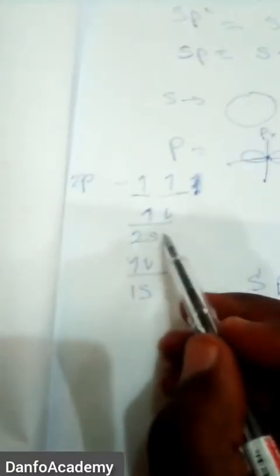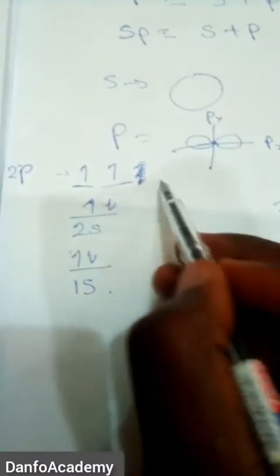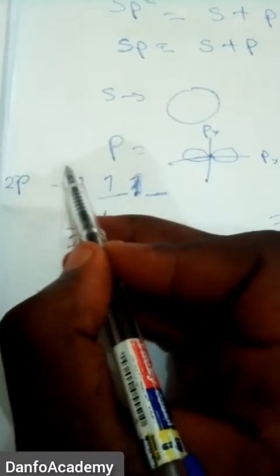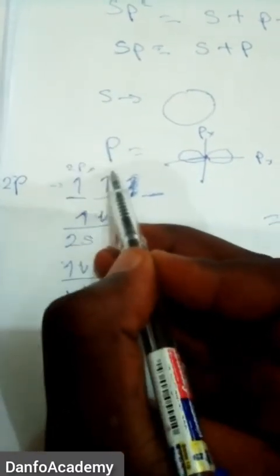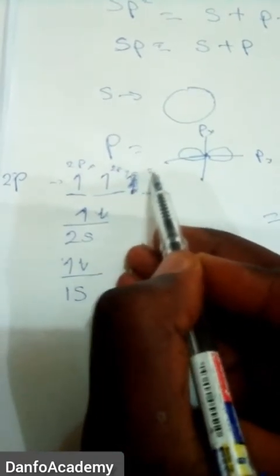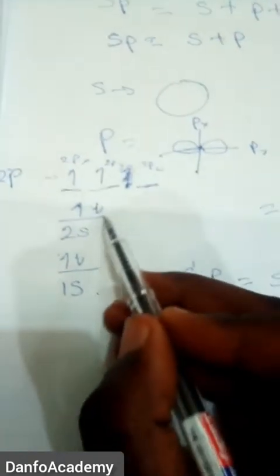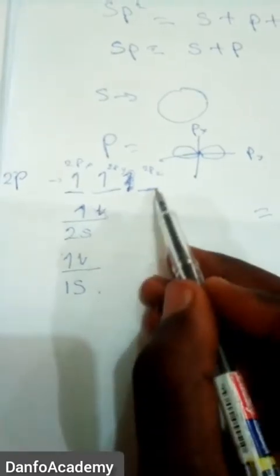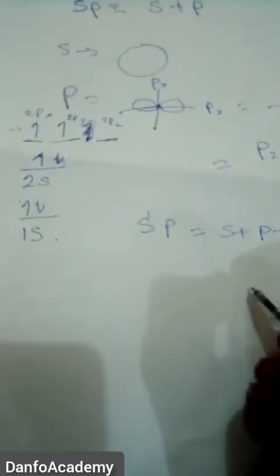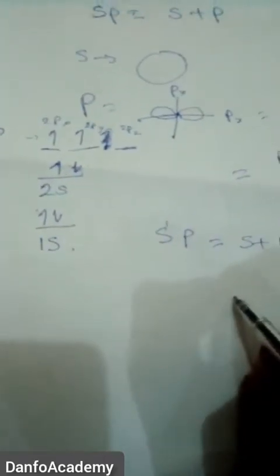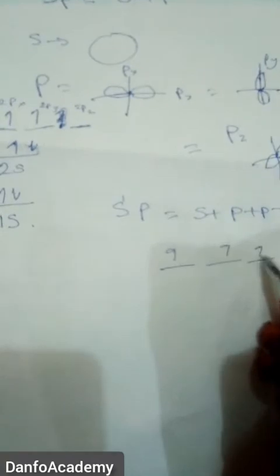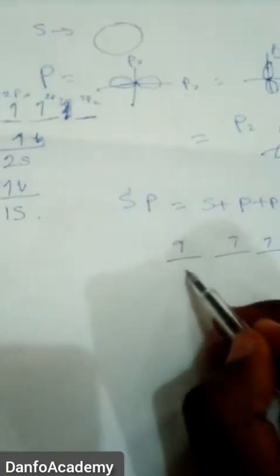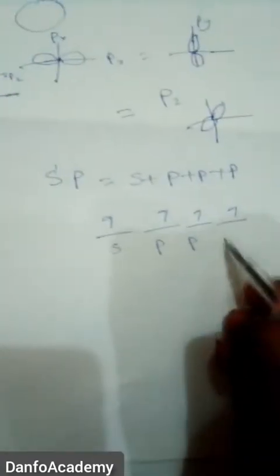We move these to this line, because this is your 2px, this is your 2py, and this will be your 2pz. The sp3 hybridization will be 1, 2, 3, 4. So you have your s, p, p, p here.